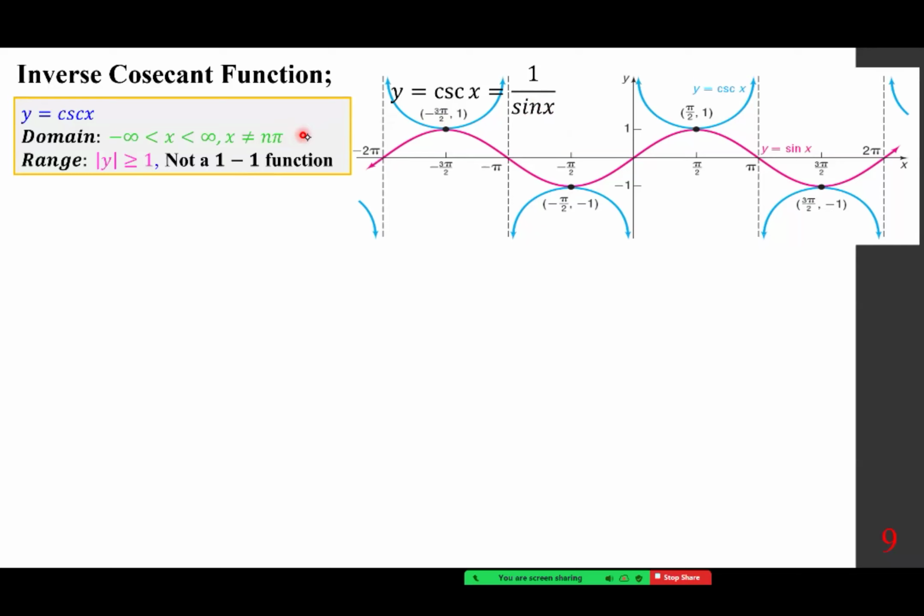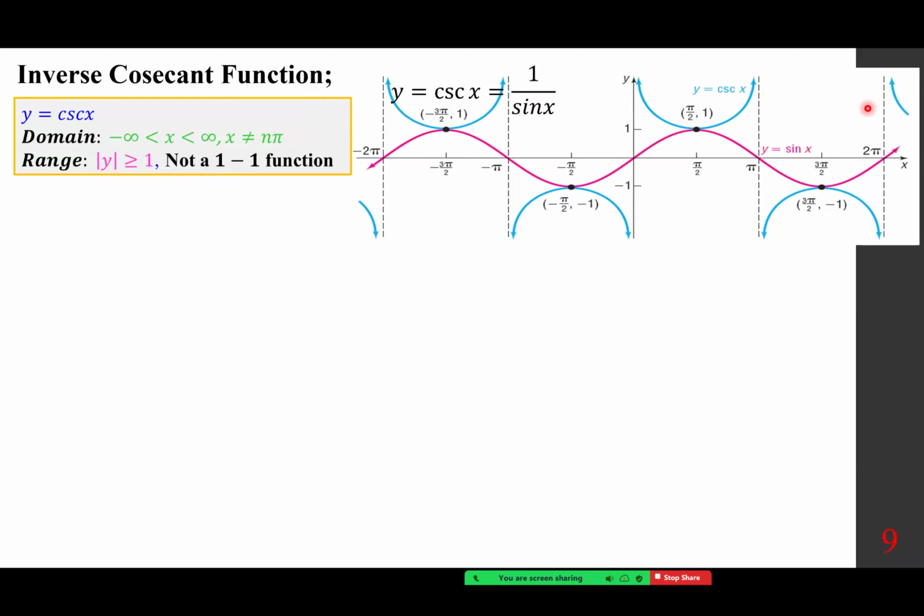So that means x equals n pi would be the equation of vertical asymptotes. Range the same as secant, all real numbers except negative 1 to 1. And this is not a one-to-one function. It fails the horizontal line test, doesn't have an inverse.